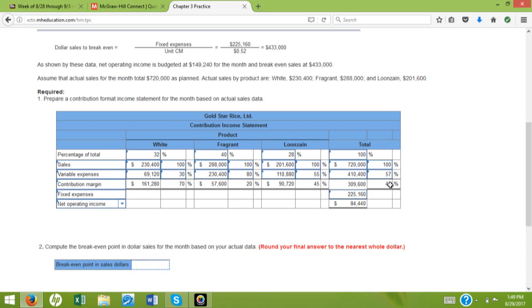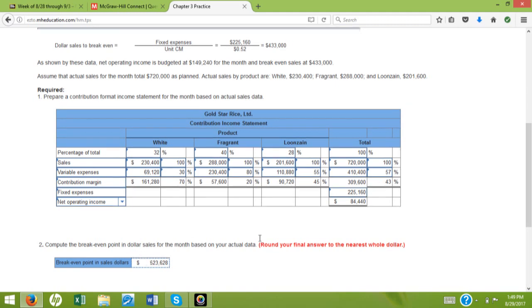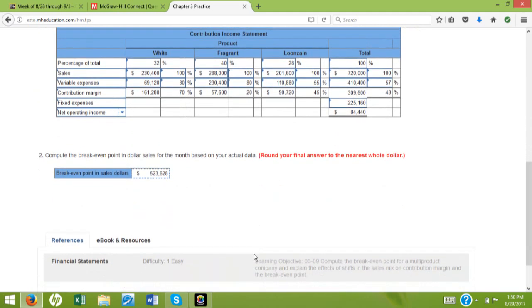It's 43%. So you can see I had my total sales 100% less 57% variable expenses leaves 43% contribution margin. So we're going to divide that by 0.43, and that gives us $523,628 break-even point. So that's all there is to part 2.